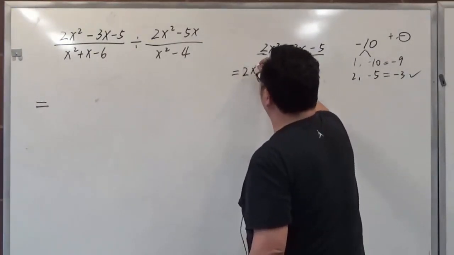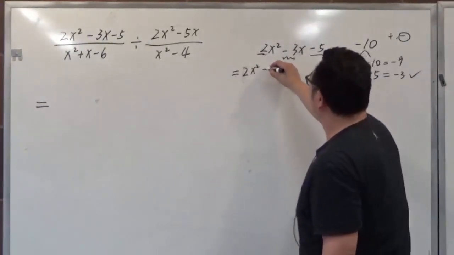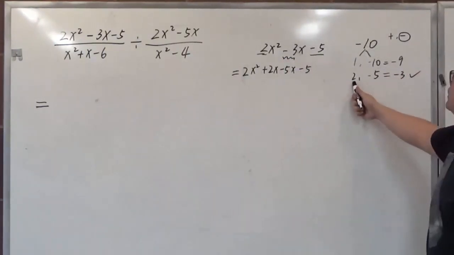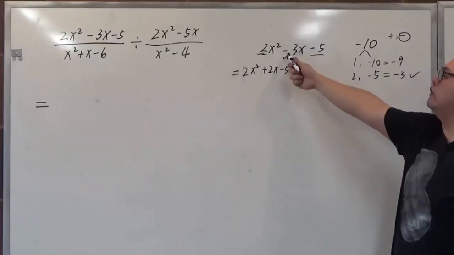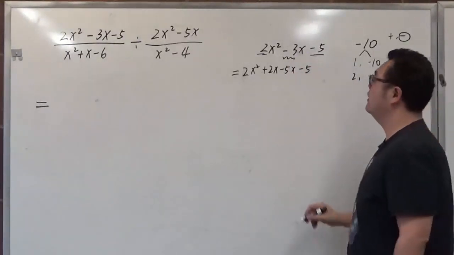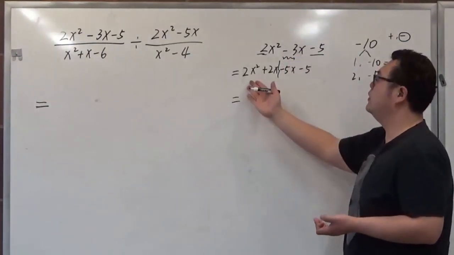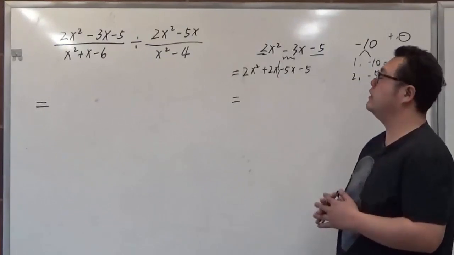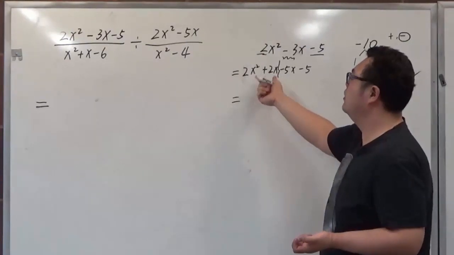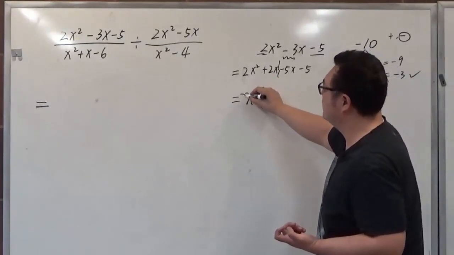Then we're able to rewrite the quadratic expression as 2x squared plus 2x minus 5x minus 5. The two numbers combine to make the coefficient of x when we rewrite that. The next step is to factor by grouping. The first group is 2x squared plus 2x. The second group is negative 5x minus 5. The greatest common factor of the first group is 2x.